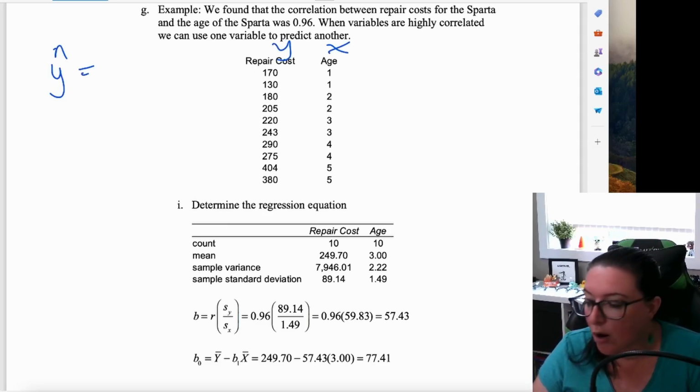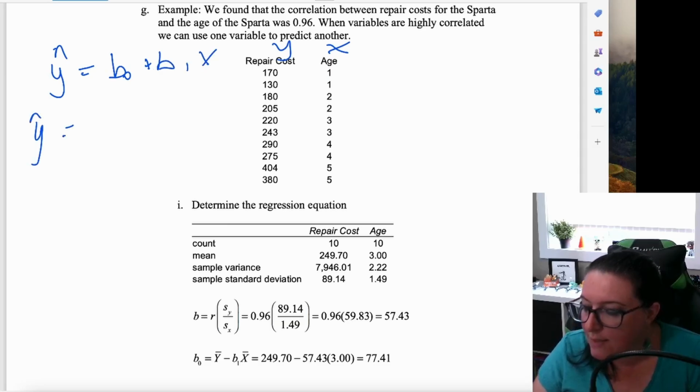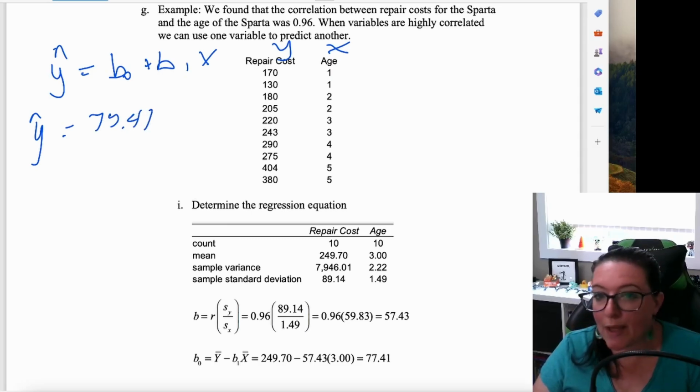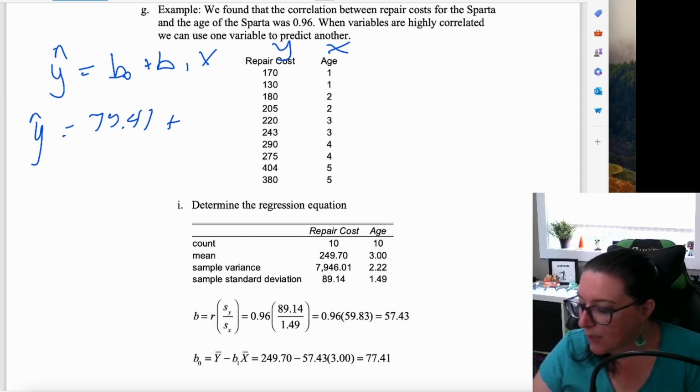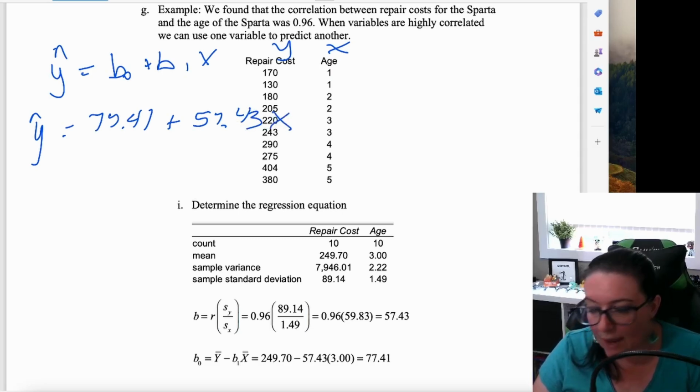And so then our formula, which is b naught plus b1 times x, we found that the intercept is 77.41. So if there was no age, brand new car, the repair cost would be $77. Plus, as the age increases, the cost increases, and it increases at a rate of 57.43 times x.